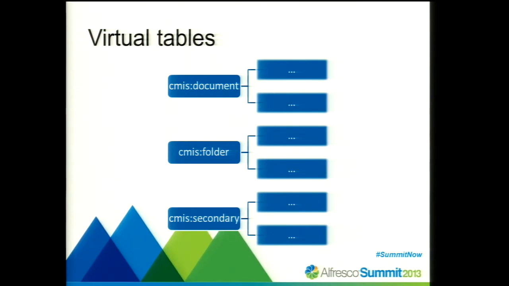Policies and relationships are not going to appear, except for the magic that wraps policies as aspects. So anything that derives from CMIS document, CMIS folder, CMIS secondary type, you can query for in your CMIS queries, and it can go to the database just like you can from CMIS queries today.